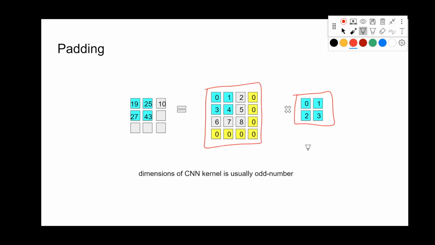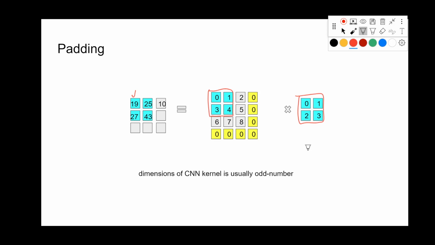Initially, all the yellow blocks here do not exist. We only have a 3x3 input here. So for the first output, we multiply this block by this block, and it will produce the 19 here.